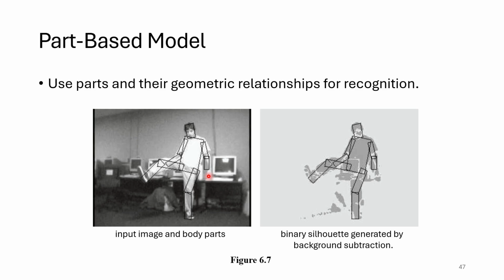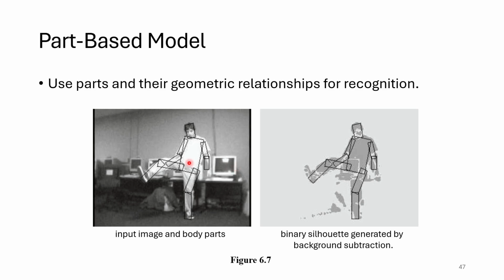So that is a very different approach from bag-of-words, because bag-of-words totally destroys the geometric information. So here, suppose in this image of a person, we can see their parts. So this is the head, body, torso, left and right hands, left and right legs.